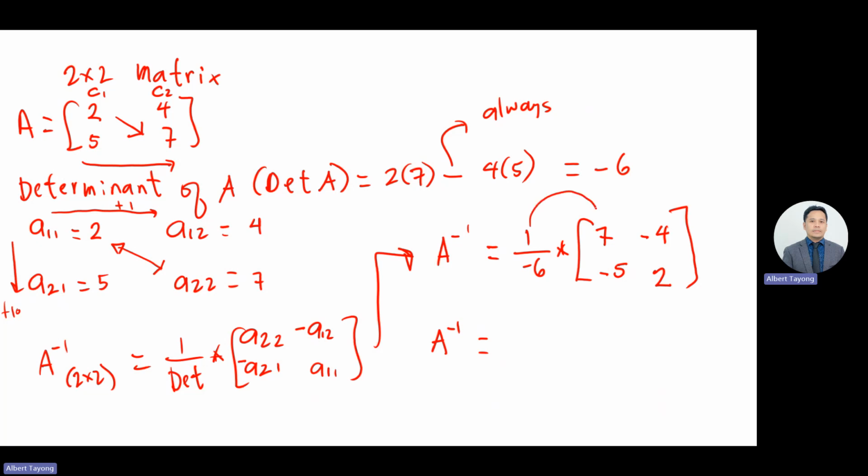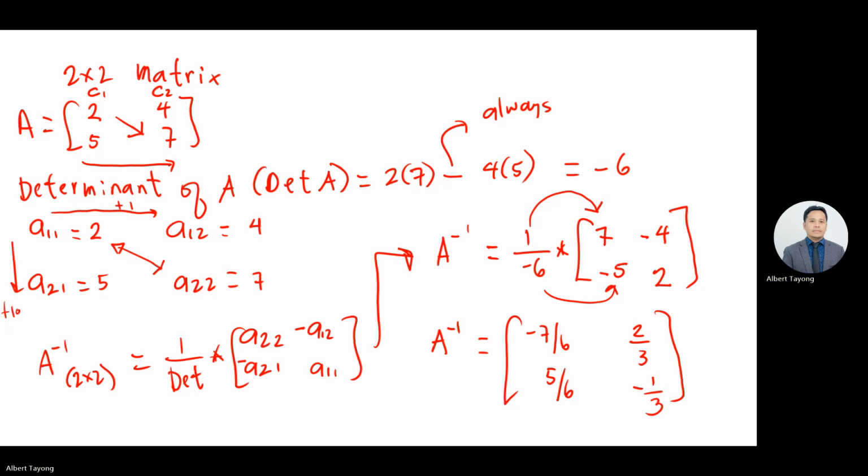So 1 over negative 6 times 7 equals negative 7 over 6. And 1 over negative 6 times negative 4 will be positive 2 over 3, because that is 4 over 6, and the simplest fraction is 2 over 3. 1 over negative 6 times negative 5 is positive 5 over 6. 1 over negative 6 times 2 is negative 2 over 6, or negative 1 over 3.